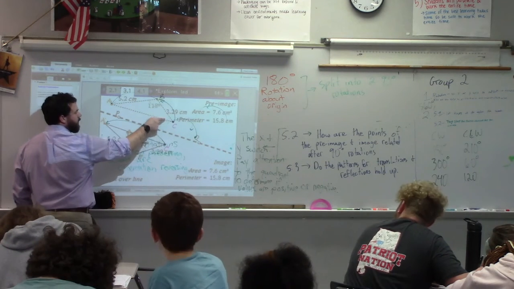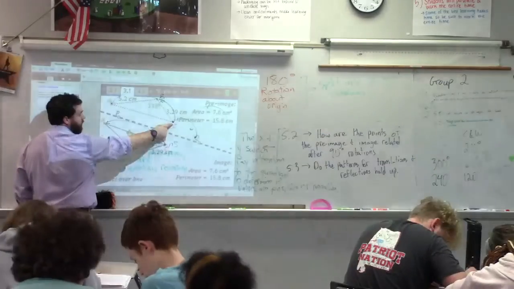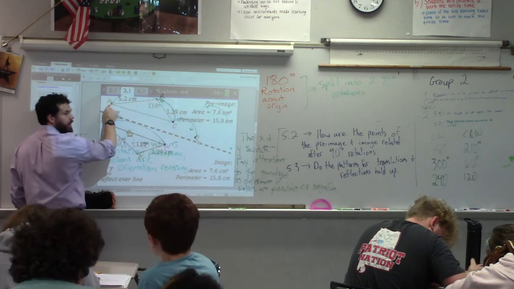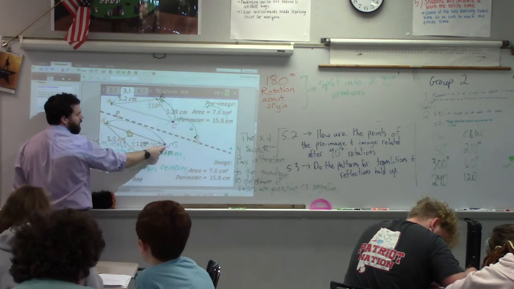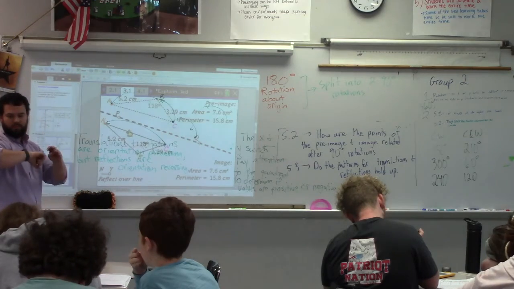It's only true with reflections. If I go counterclockwise from C, I get B and then A. But on the image, if I go counterclockwise, I get A prime, then B prime, so that's reversed, right?